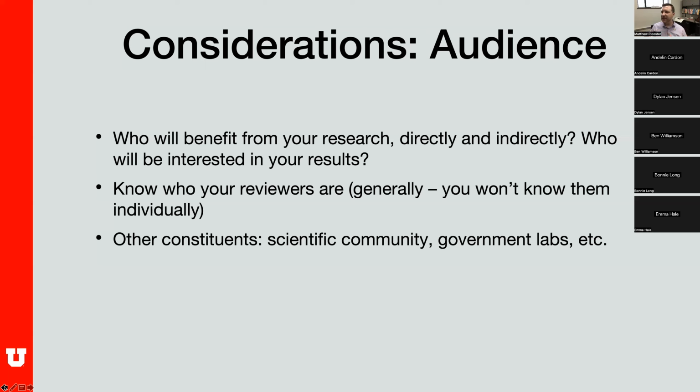And then there are other constituencies here that you need to take into consideration. The scientific community at large, and what does that look like from your perspective? Government labs, government policymakers, for example. I advised a student recently who was studying materials research, and the experiment she was doing could impact how roads are built, especially in high weather areas such as Utah, where we have snow 7 months of the year non-consecutively, and how the snow can really ruin our roads.